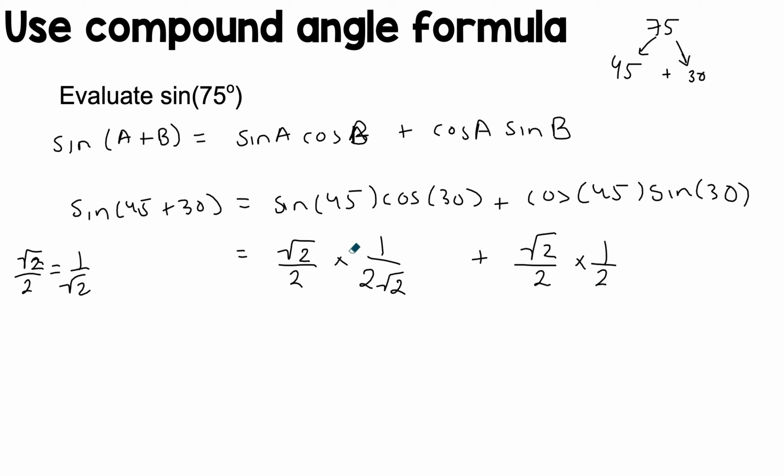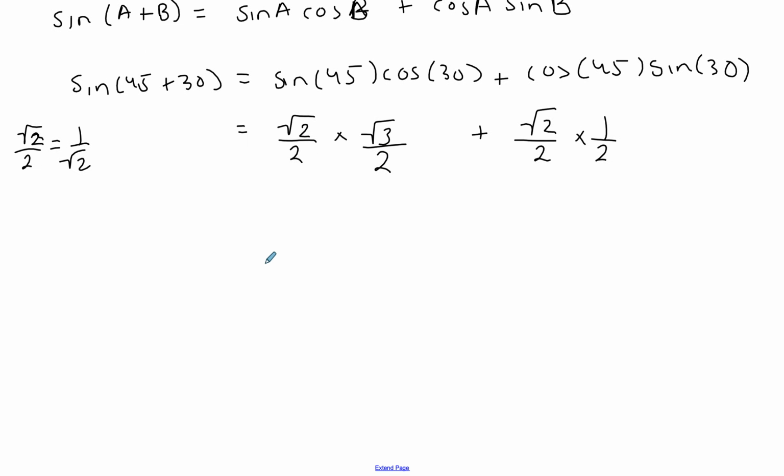Sorry, I skipped ahead. The cos 30 is root 3 over 2. Okay, so multiply, simplify, and you should get root 2 root 3, and so this will be 4, and then root 2 over 4 as well.